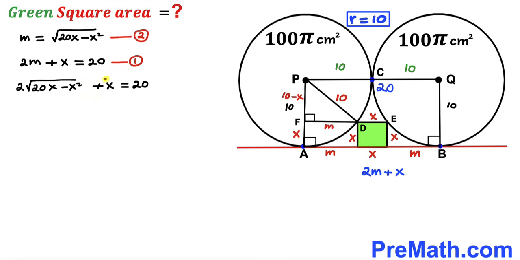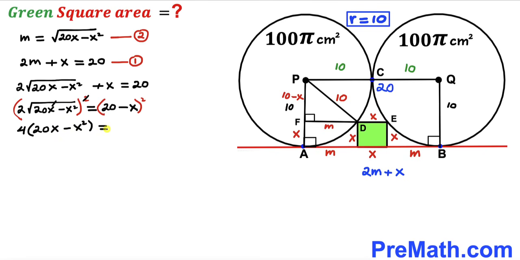And now I'm going to move this x on the other side. And now I'm going to take the square on both sides to undo this square root. So the left hand side 2 square is going to become 4 times this square and square root undo each other. So this is going to give us simply 20x minus x square is going to be equal to.